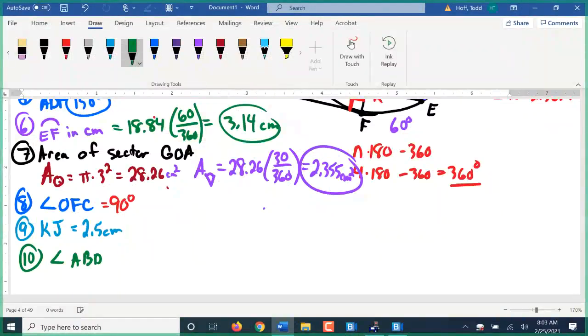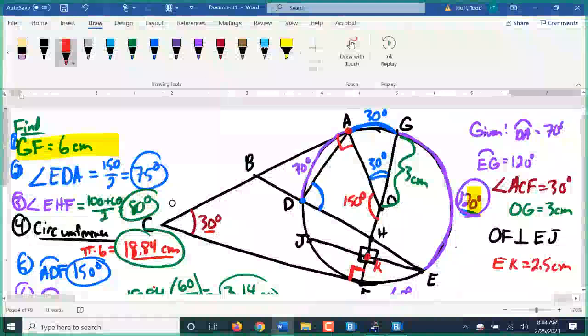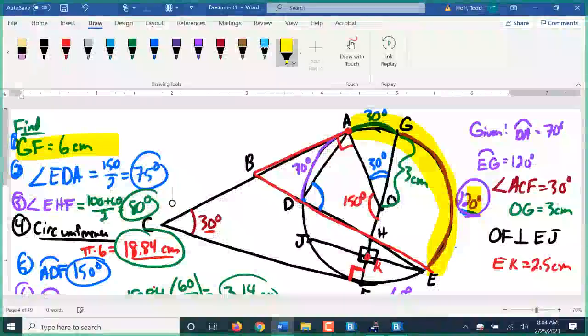Last but not least, let's find angle ABD. So that's simply this angle here, ABD. Now, really, what I need is I need to extend this like that. I know that this arc out here was 120 plus 30, or 150 degrees. I know this arc in here is 70 degrees.